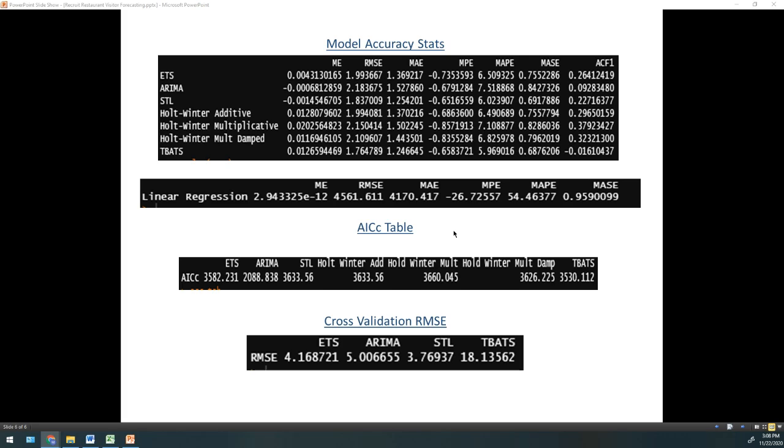Interestingly enough, the STL ended up outperforming the rest of the models, compared to the ETS and ARIMA. And interestingly, the TBATS model did terribly on a cross-validation basis. So not only was this a tiebreaker, but I also thought it was a very interesting look at what models would do best on out-of-sample data, i.e. for forecasting. That was my process in terms of evaluating the models.